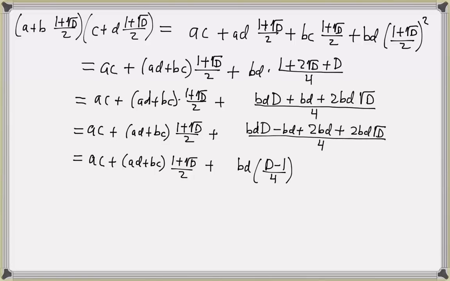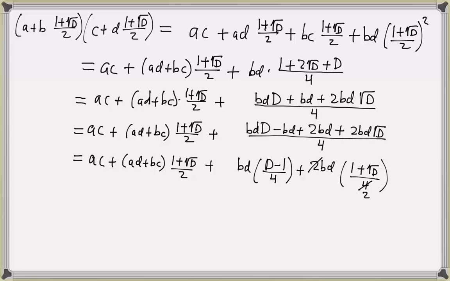And then the second two terms, there's a common factor of 2BD, which I'm going to factor out, and so I'm left with 1 plus square root of capital D, again still over 4. But then there's a common factor of 2 in the numerator and denominator of this last fraction. So if I cancel this common factor of 2, then we obtain a term that has (1 plus square root of D)/2 in it.